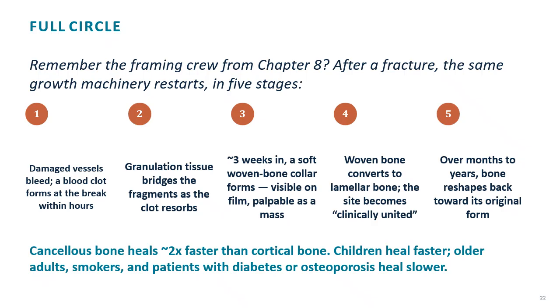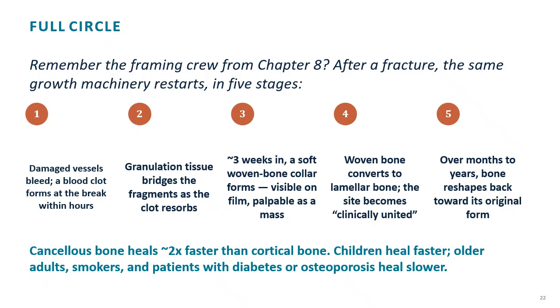The first stage is hematoma formation. Damaged blood vessels bleed, and of course, a clot develops at the fracture site. Next comes inflammation. During the inflammatory process, inflammatory cells remove damaged tissue, and granulation tissue begins to bridge over the fragments.